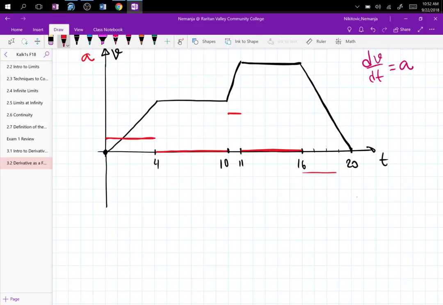So we'll go here. The red line is f prime of x, the black line is f of x. Now I did put this in the applied, and we will see much more of that in the applied setting with velocity and acceleration.